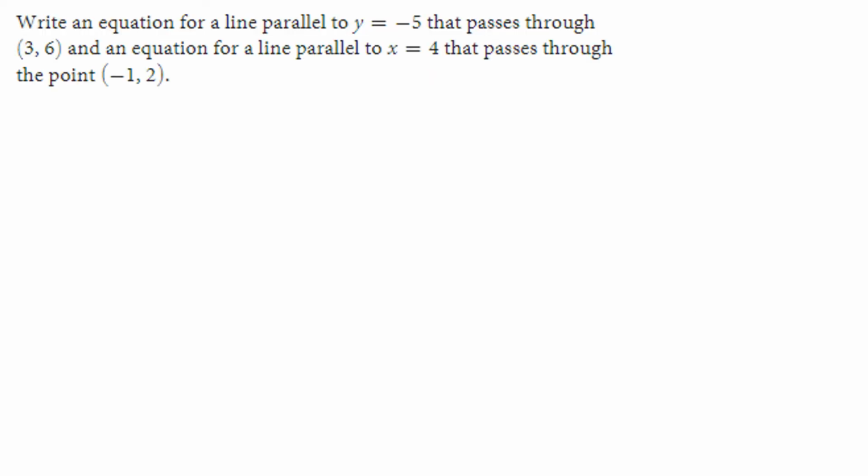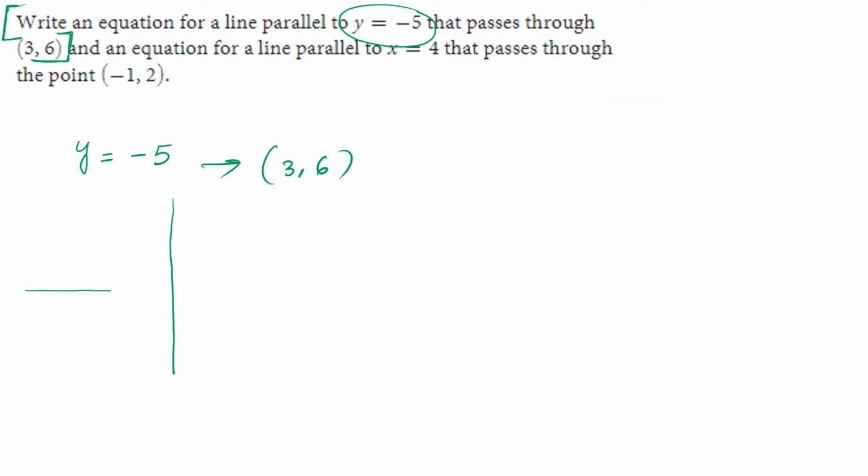Write an equation for a line parallel to y equals -5 and passes through the point 3 and 6. So this is our first part. Let me write here, y is -5 and it is passing through 3 and 6. Look at this, there is no slope written.